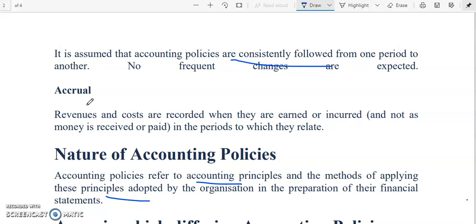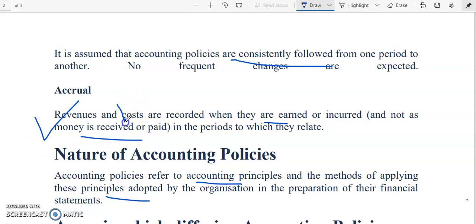As and when the risk and ownership of the goods is transferred, even though you have not received the money from the debtors, revenue is recognized because the sale is already made for that period. So revenue is recognized when earned, whether or not money is received.